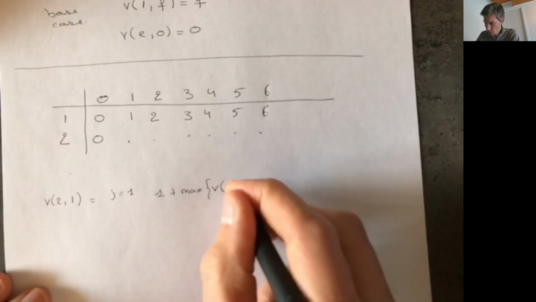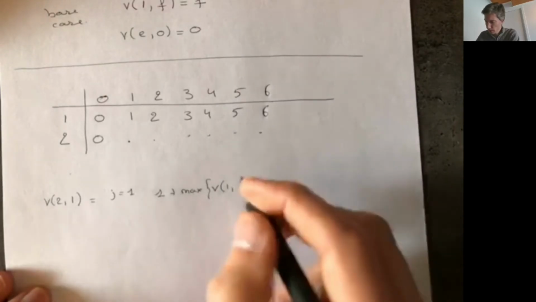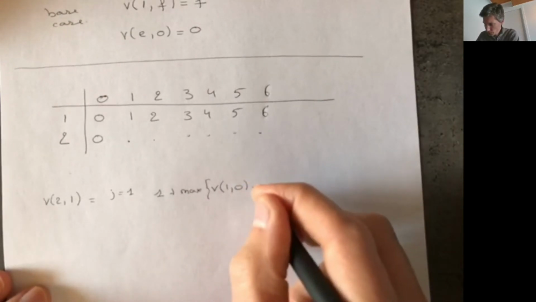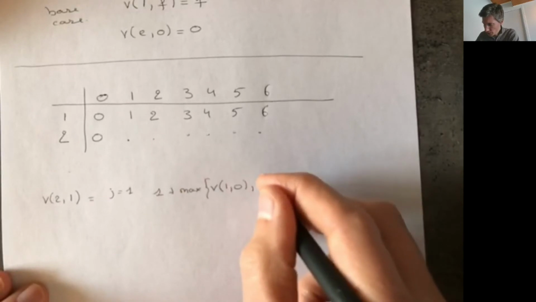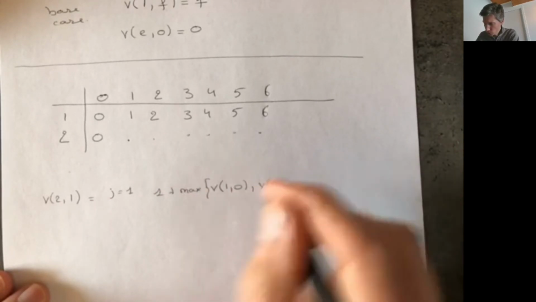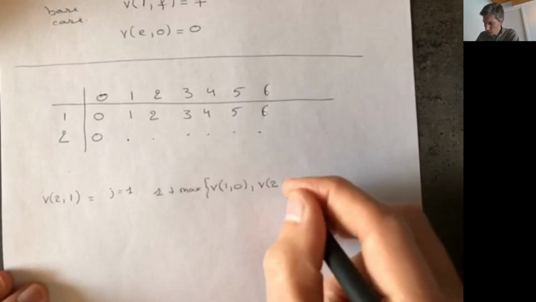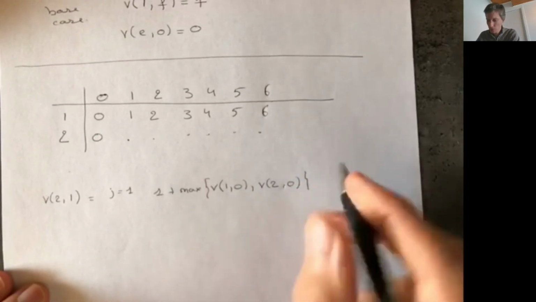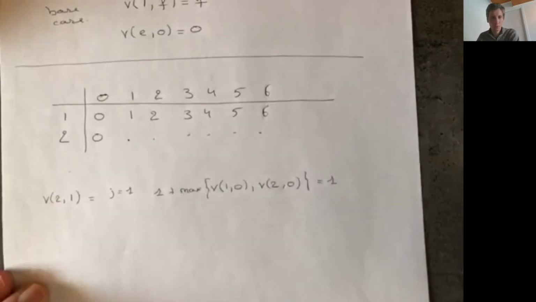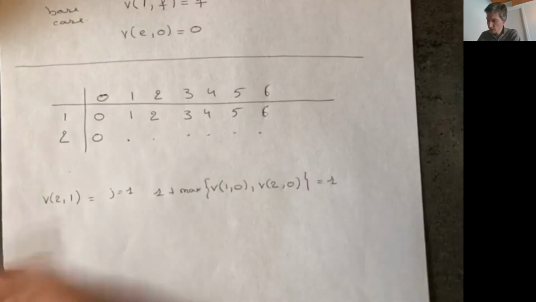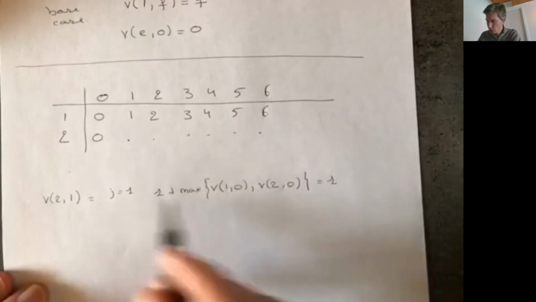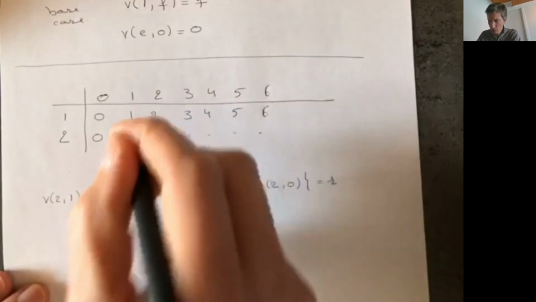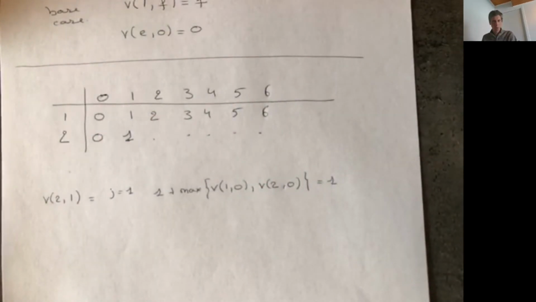If it breaks, I have 1 egg left and 0 floors, and if it doesn't break, I have v2 of 1 minus 1, which is 0. This is 0, this is 0, so this will be equal to 1. Okay, so this is a very easy case. There's only one j to pick. The value is going to be equal to 1, so this is going to be equal to 1.